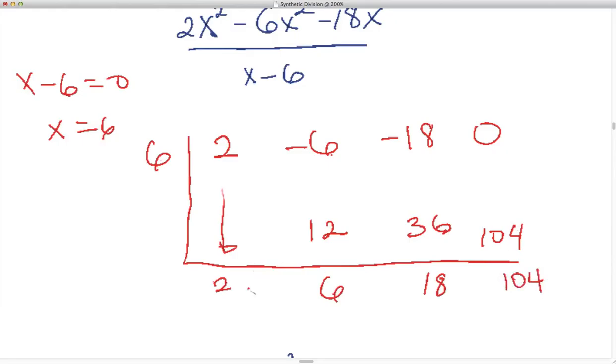So we would have 2x squared minus 6x plus 18, with a remainder of 104.